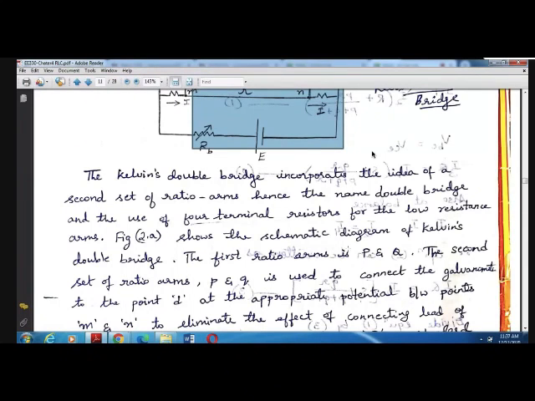Small p and q will denote the ಅಲ್ಲಿ pq ಅಂತ ಏನು ಬರೆಯಲ್ಲ ಅವ್ರು ನಿಮಗೆ, ಜಸ್ಟ್ ಹೇಳ್ಬಿಡ್ತಾರೆ ಪ್ರಾಬ್ಲಮ್ ಅಲ್ಲಿ ಡೇಟಾ ಕೊಡ್ಬೇಕಾದ್ರೆ. Outer ratio arms is given as so and so, so you should know it is capital P and Q values ಅಂತ. Inner set of ratio arms ಅಂತ ಹೇಳಿದ ತಕ್ಷಣ you should understand the value given is for small p and q ಅಂತ. Okay, the second set of ratio arms is used to connect the galvanometer.